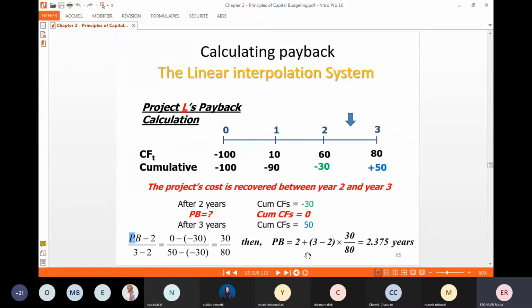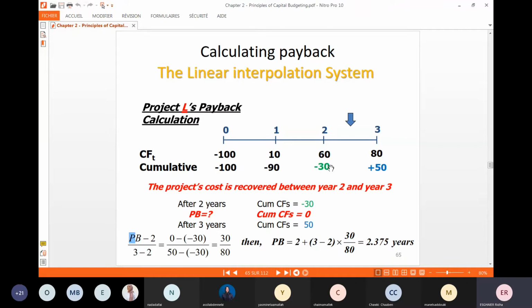2 plus 30 over 80. What is this 2 plus 30 over 80? This is a rule that gives us a formula. 2 plus 30 over 80. What is 30? 30 is minus the cumulative of year 2. And the 80 is the cash flow of year 3. So it is as if the payback is 2 years, the last date at which the cumulative is negative, minus the cumulative of the same date 2.